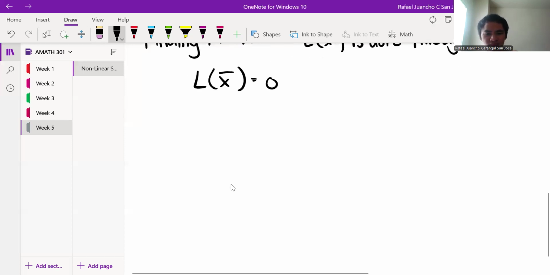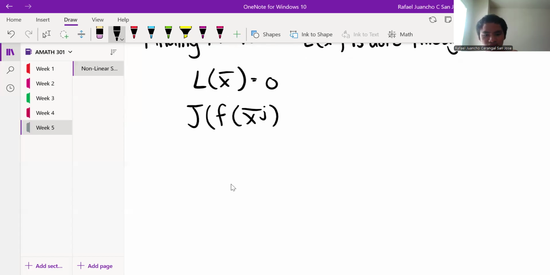We get its Jacobian, f of x at that current point.